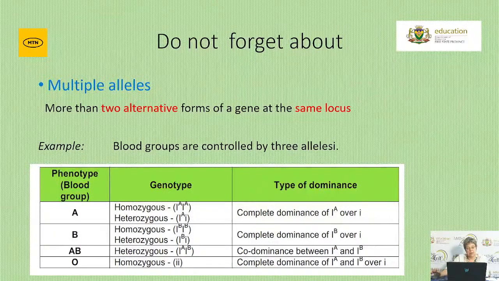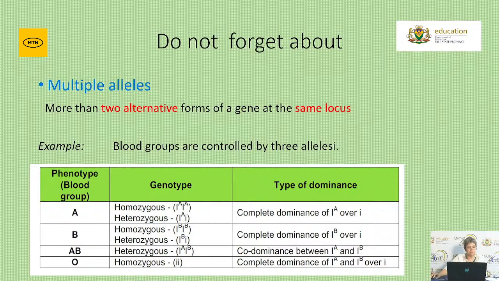So remember now, multiple alleles are more than two alternative forms of a gene at the same locus. And the example that you have to know is blood groups. So they can ask you to explain multiple alleles using blood groups, and then you can say these three alleles go for four phenotypes of blood groups.